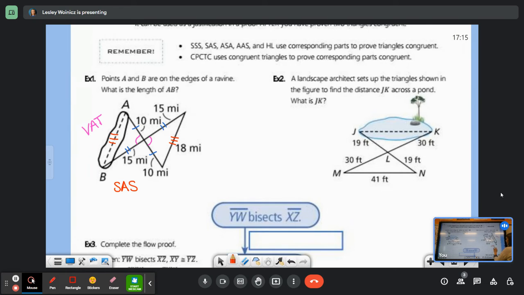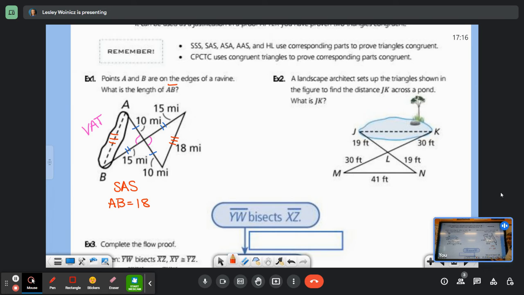So I can say AB is 18. This AB should have a line over it. So if I forgot to add it at the end, will you add that, please? The length of AB, this is the measure of AB, but we're talking about the segment AB there.